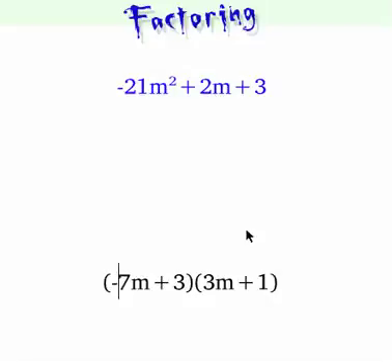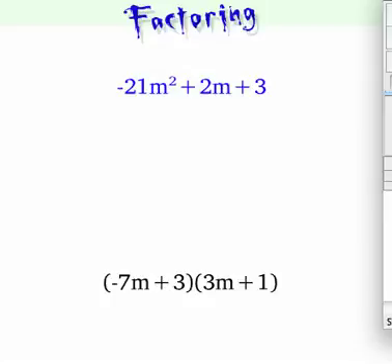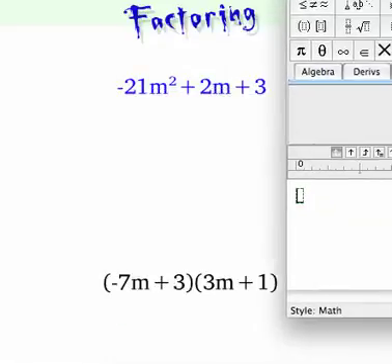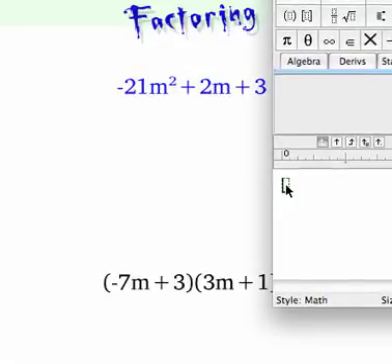Okay. If we're doing PSF, we would look for the product. Let me write this down here. So if we're doing PSF, the product, the P, is going to be -21 times 3, which is -63.